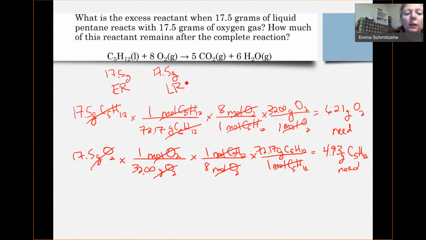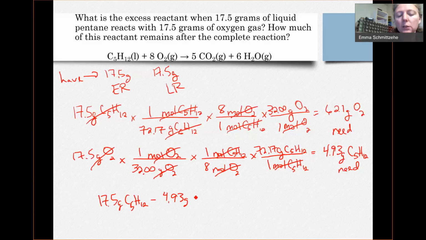So this is what I need, and up here, these are what I have. So I have more C5H12 than I need, so that is definitely the excess reactant. And how much excess? Well, I subtract those. So I take the 17.5 grams of C5H12 and I subtract the 4.93 grams of C5H12.